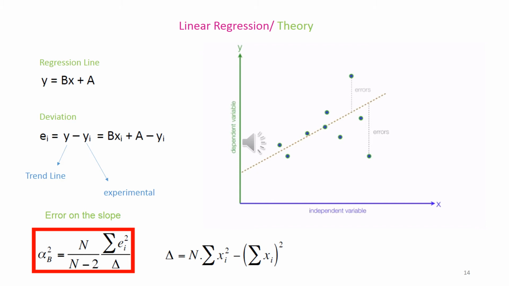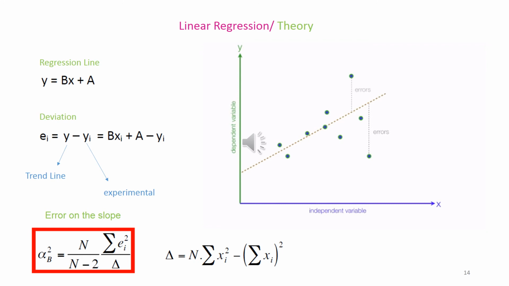Now of course the error on the slope, from experiment 5 onwards I would ask you to calculate the error on the slope. Let's explain it now, but you will not need it for the first 5 experiments. Now it's a big formula, but actually it's very easy to find if you understand every parameter in it.